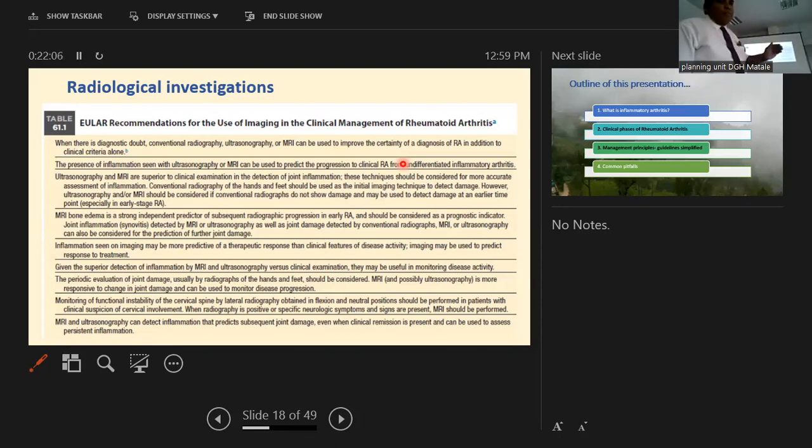If you have undifferentiated arthritis, you can assess the progress, and also, in the context of treatment, you can assess the progress with serial ultrasound scans, which is not done in the Sri Lankan setup because of limited resources.